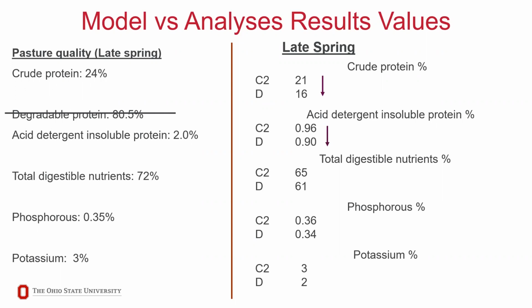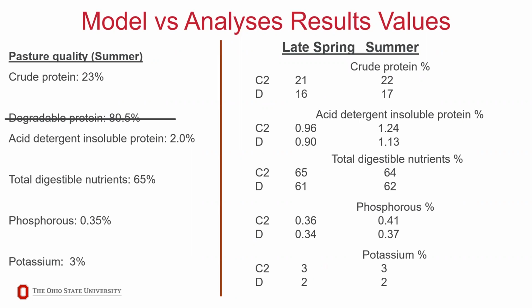For insoluble protein, the model was also higher, from 2 to less than 1 is what we actually saw. For TDN, total digestible nutrients, again we see the model higher, assuming that we have more than we are actually seeing in the field. But for phosphorus and potassium, the model was very on target for both of these farm types in late spring.